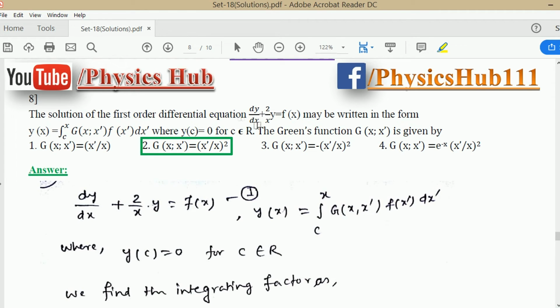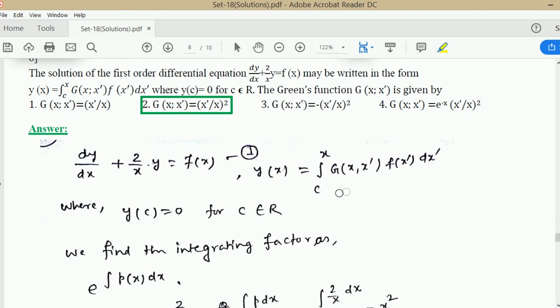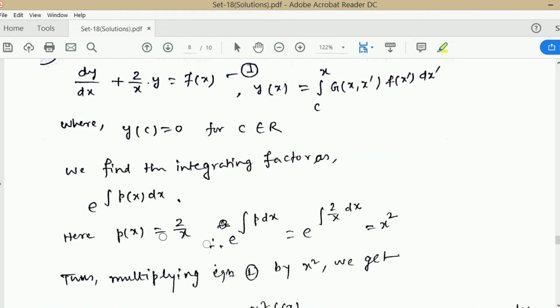To solve this type of differential equation, what we generally do is find the integrating factor. The formula for the integrating factor is e to the power integral p of x dx. p of x is the coefficient of y, so p of x is here 2 by x. So the integral of p dx gives the integrating factor x square.